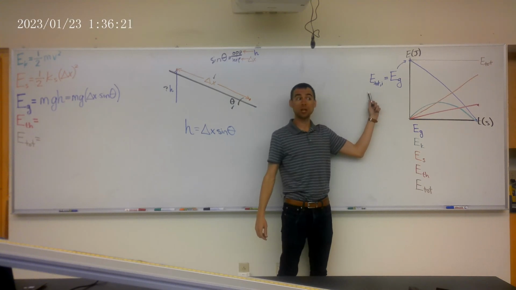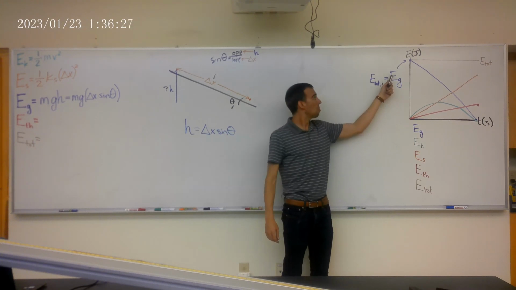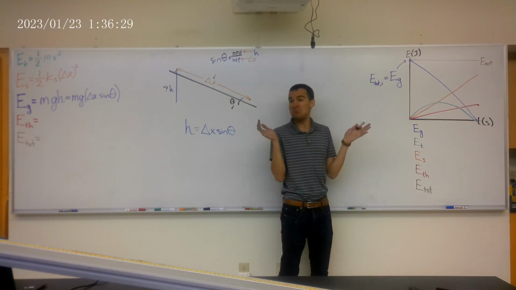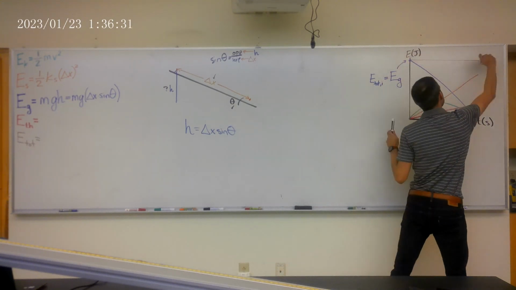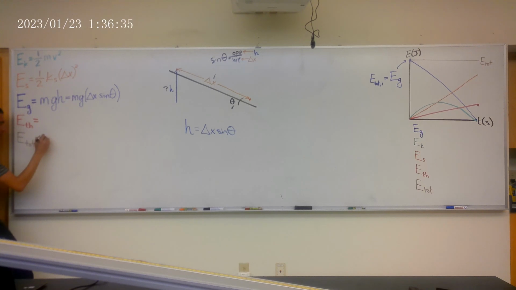The total initial energy should all be gravitational at the start. And if we know what gravitational energy is there, the total should stay the same throughout. So that is just going to be what sets our total energy. We will need to figure out what EG in the beginning was. And we'll just set that equal to E total the whole time.